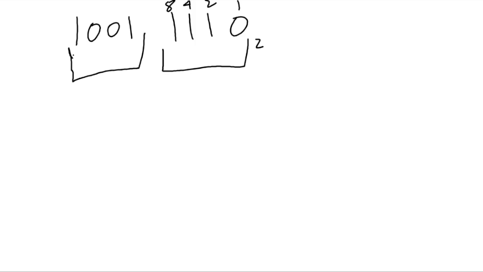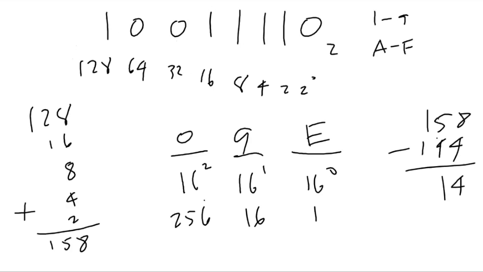A, B, C, D. So this will be D. Uh-oh, that's not good. It should be E. Yeah, this should be D. This is 14. That's my bad.